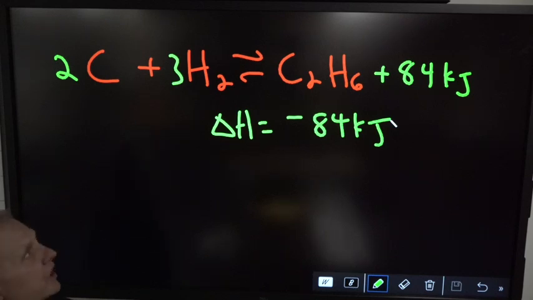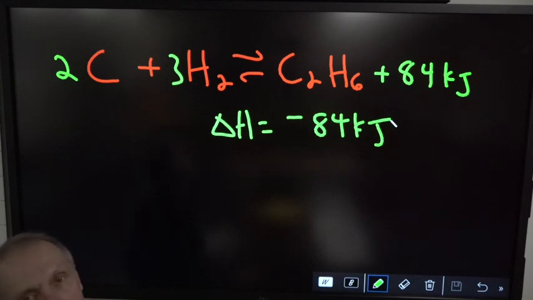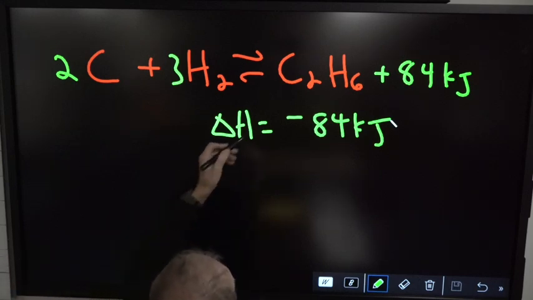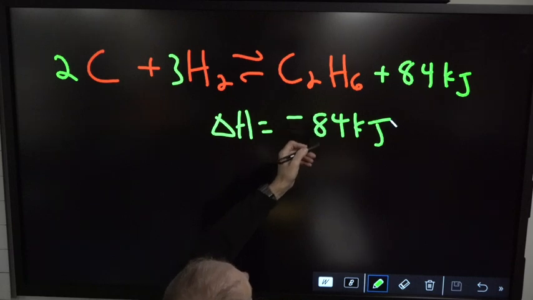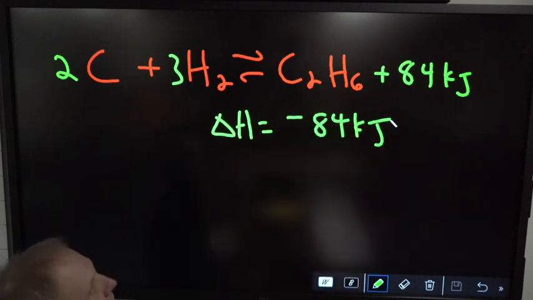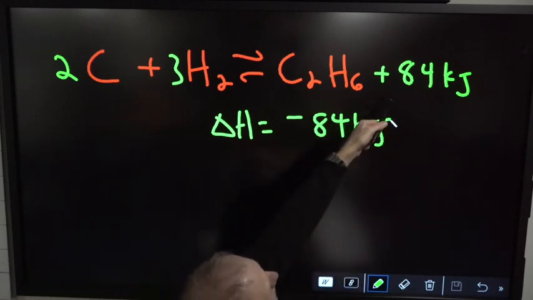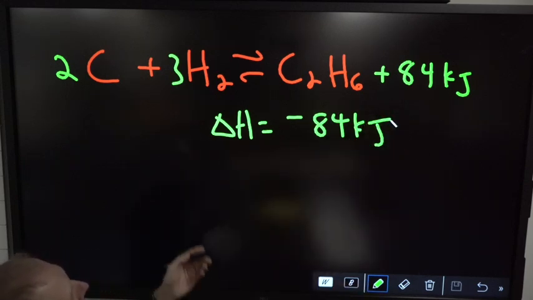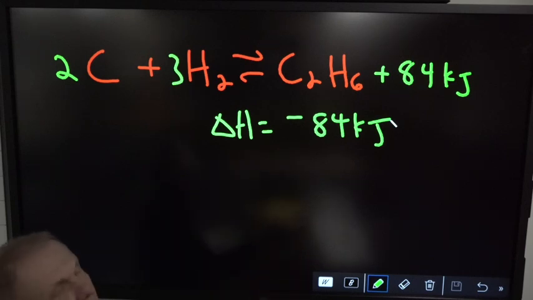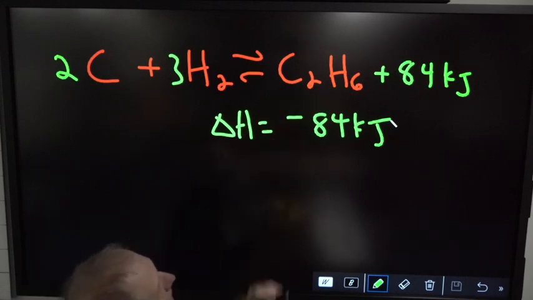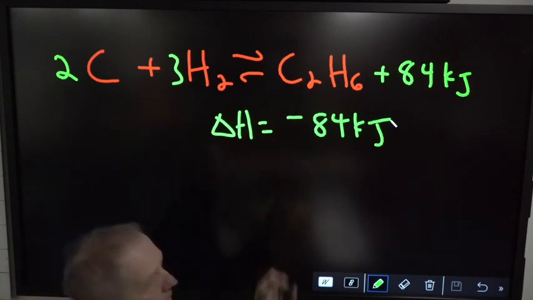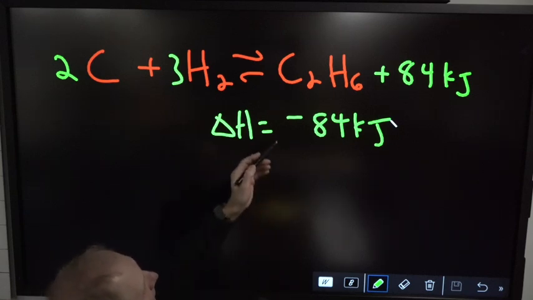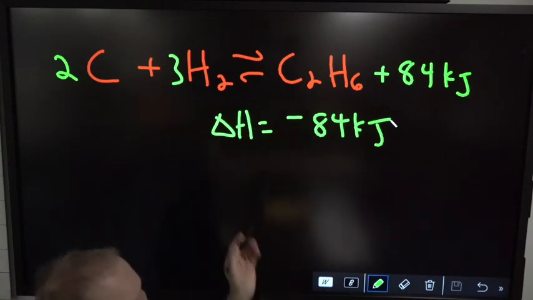And then if I said, how much energy would it take to make 2 molecules of C2H6? 2 molecules of C2H6, you just double it. So it would be 168. So that's how much energy you would have to put in to make that reaction work. If I wanted to make double the amount of product, you double the delta H. If I wanted to make half the amount of product, you cut it in half.